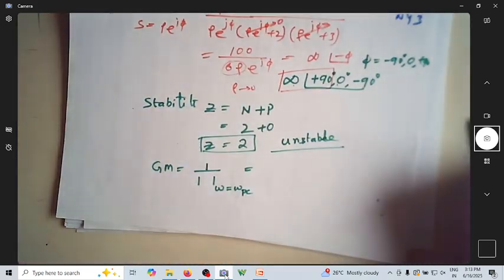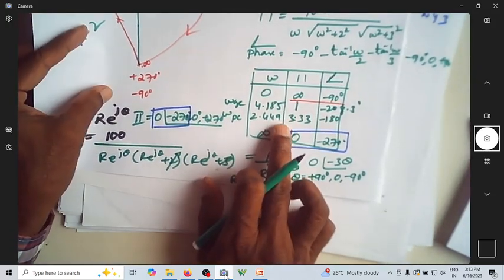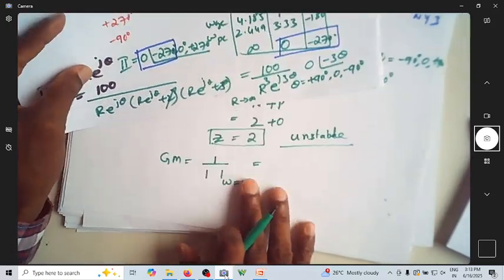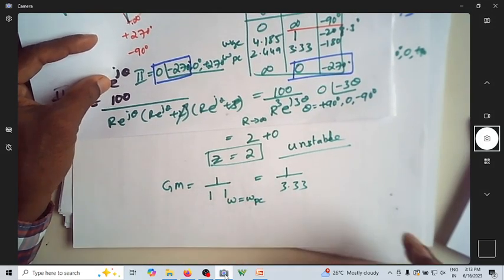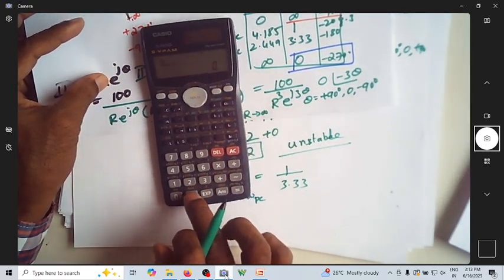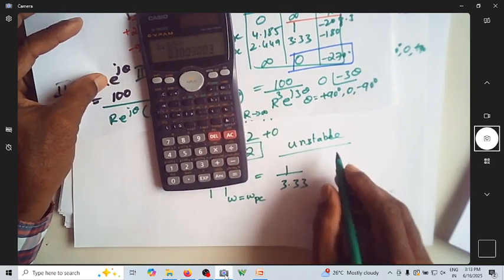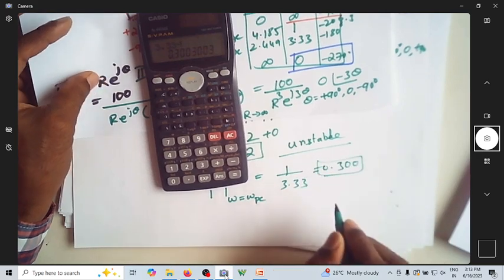So how much is this magnitude at omega that we got here? So this is omega pc. Magnitude is exactly 1 over 3.33. This is your gain margin. So what is this gain margin? It is 1 over 3.33, which is 0.3. So this is my gain margin.